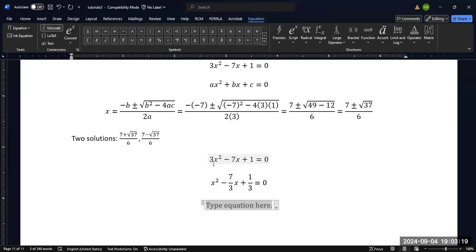Now, I'm going to move the 1/3, the constant, over to the other side of the equation, kind of get it out of the way. Now, when I'm completing the square, I'm trying to satisfy the equation x minus a squared is going to be equal to x squared minus 2ax plus a squared.